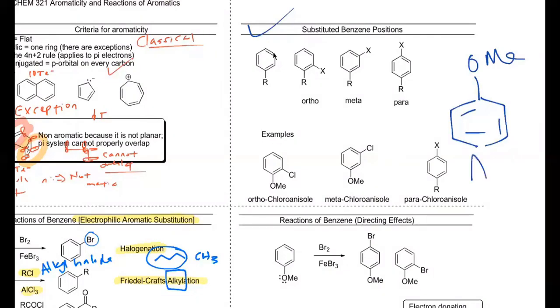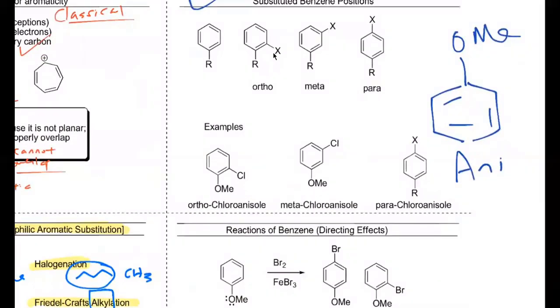We just call this compound anisole. There's also another compound. If I put an amine here, then the benzene parent is not a part of the name. We just call it aniline.